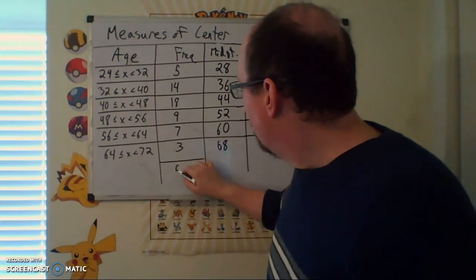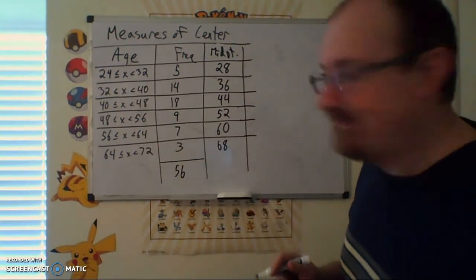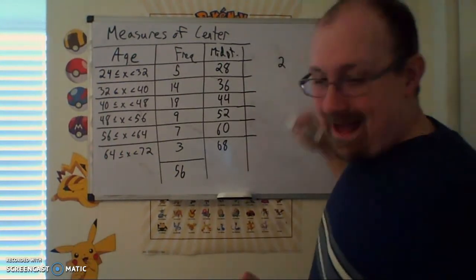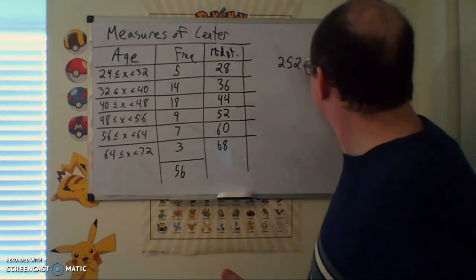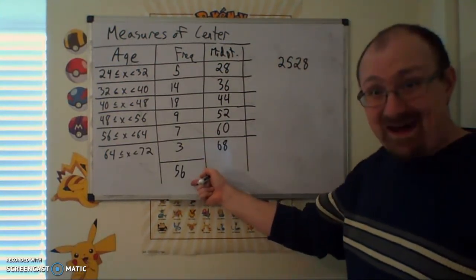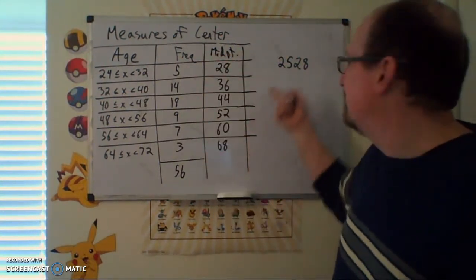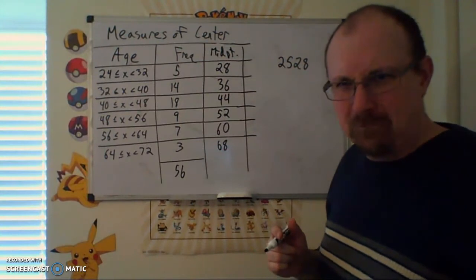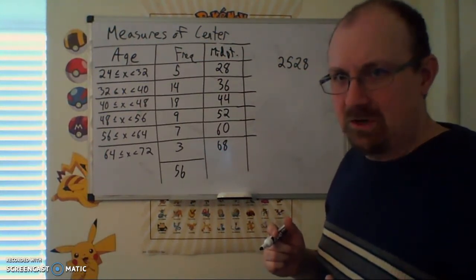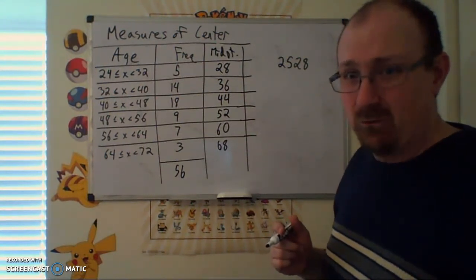Do remember the total frequency here adds up to 56. We're going to need that because when we add up all of those products from the PowerPoint slides, I got 2,528. Now, remember, we divide this by 56. If you forgot and divided by 6 here, you end up getting a mean age of over 400, which is kind of weird because the oldest person who would have signed the Declaration was 70, right?